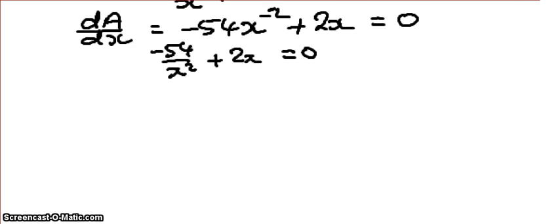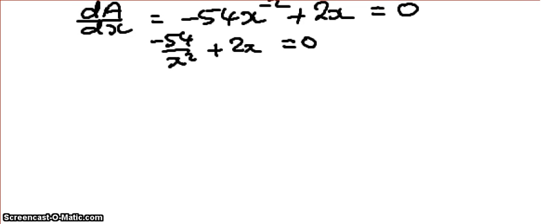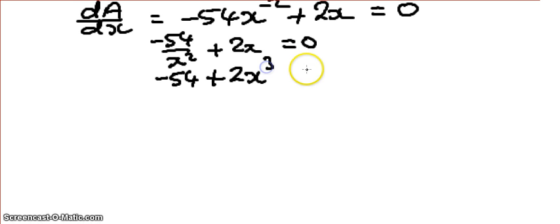Now to make that a bit easier, I'm going to multiply every term by x squared. So I get negative 54, and the second term, multiplying by x squared, gives plus 2x cubed, equals 0, since 0 times anything gives 0.